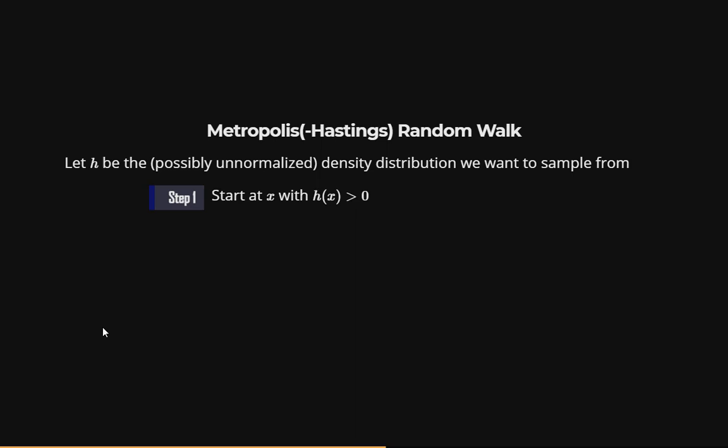So start at a point where your density is positive. Generate a displacement vector y from a normal distribution with mean 0 and some variance, sigma squared. Now compute the ratio r between the new value of h at x plus y over the old value of h at x.